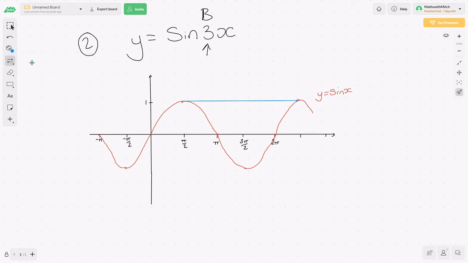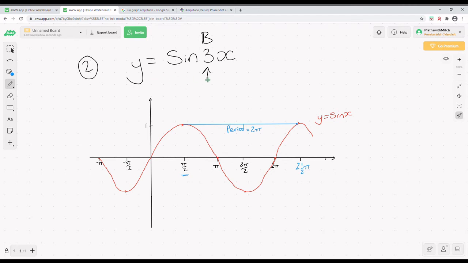So if we consider here, what is the period of y equals sine x? Here we've got pi over 2, and at this point here we have two and a half pi, or 5 over 2 pi, depending on how you want to write it. And so the period here is 2 pi. So it takes 2 pi for the sinusoidal wave pattern to do a full period.